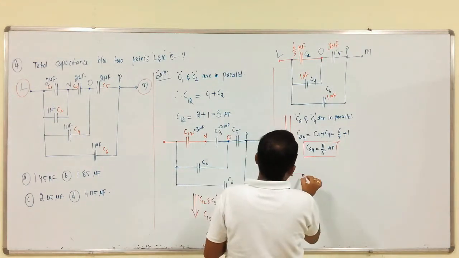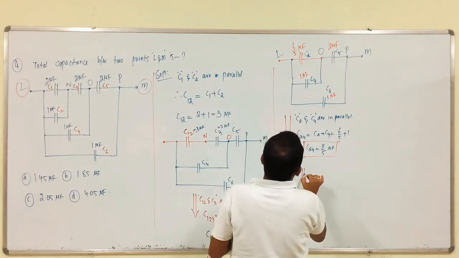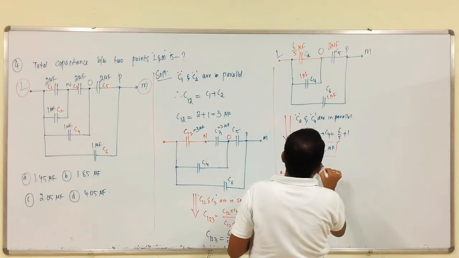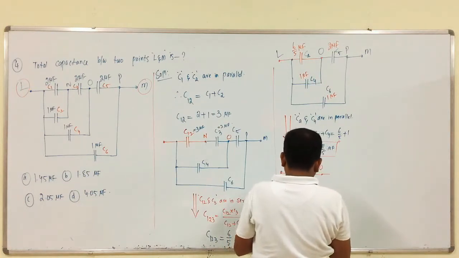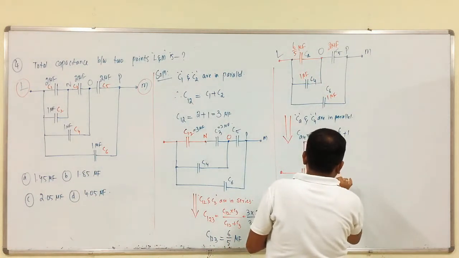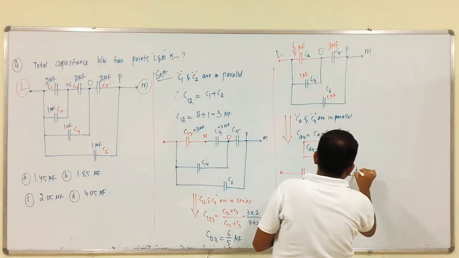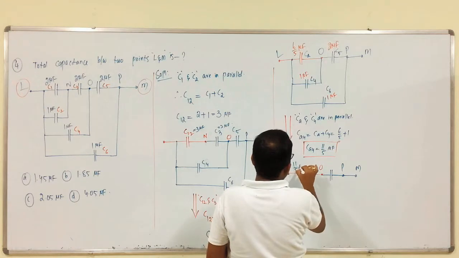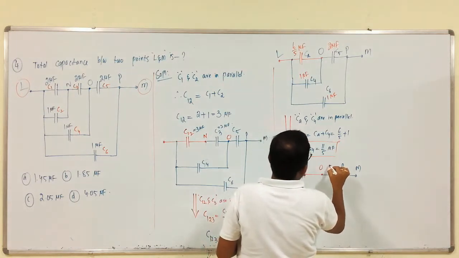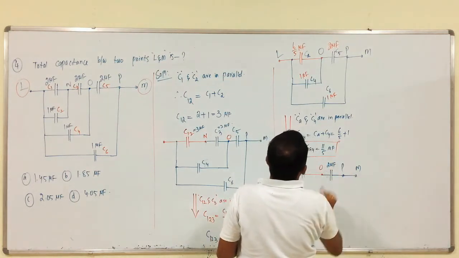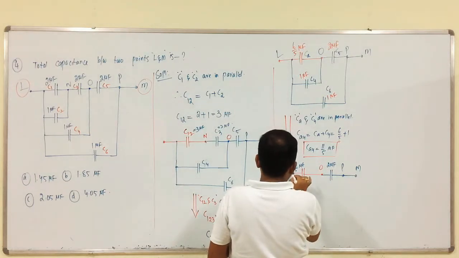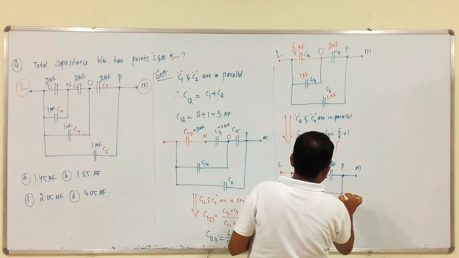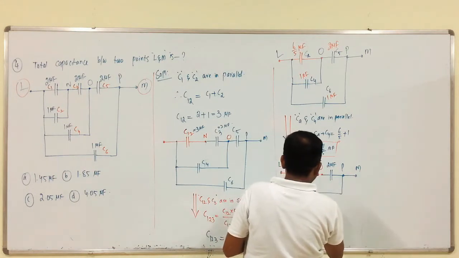Therefore, that is it between these two. Ca4, this is O, this is P, this is M, this is L. This is 11 by 5 microfarad. This is 2 microfarad. This is 1 microfarad.